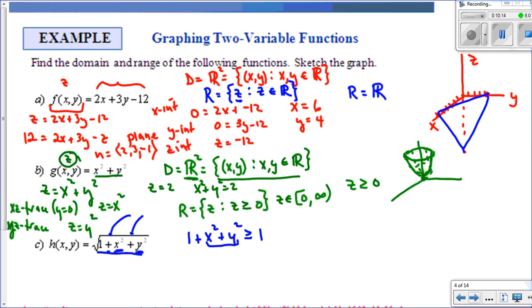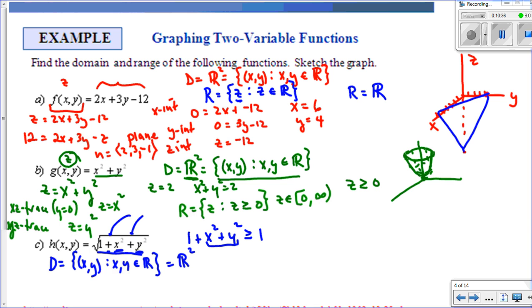So the domain is all possible ordered pairs, the set of all x, y, so that x and y are real numbers. Or you could simply say it's R2. That's ordered pairs.